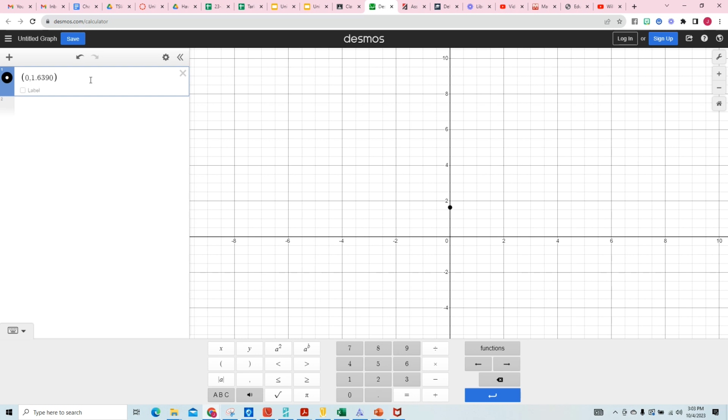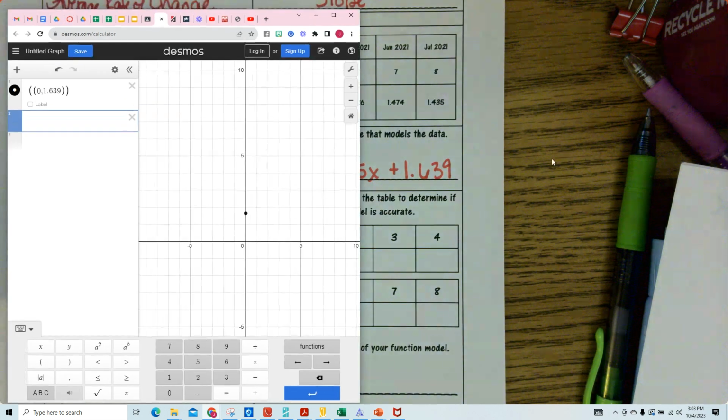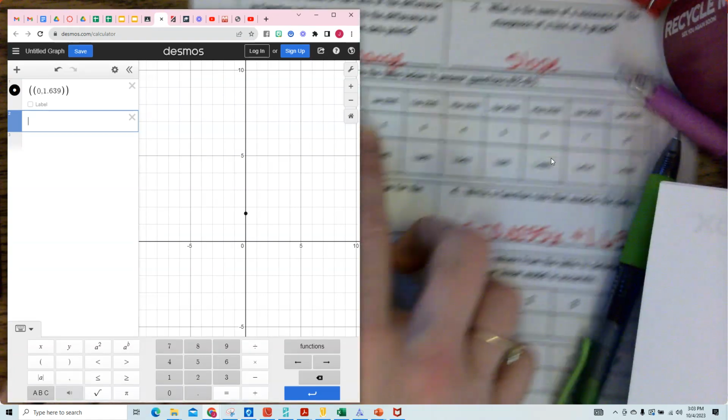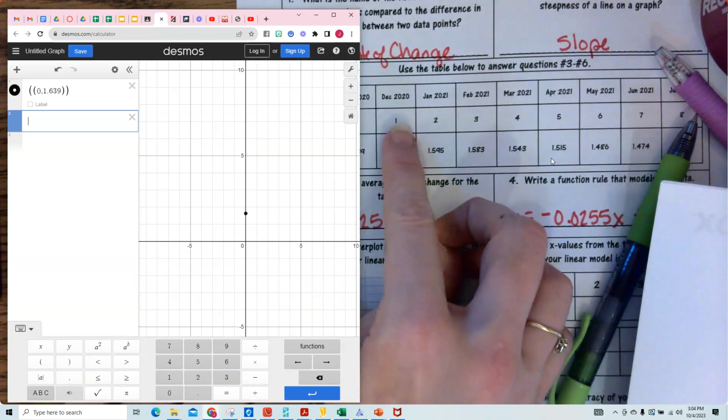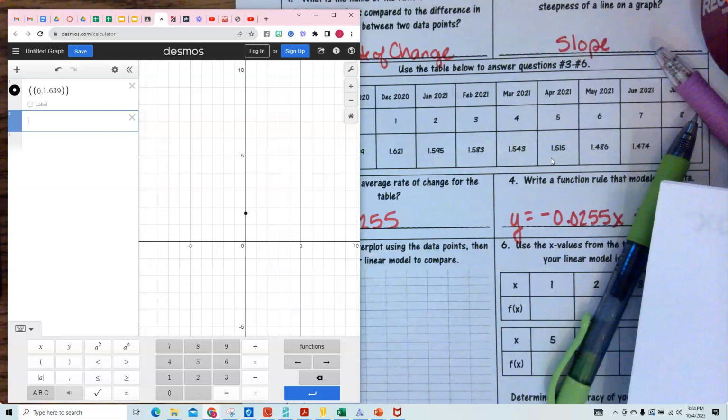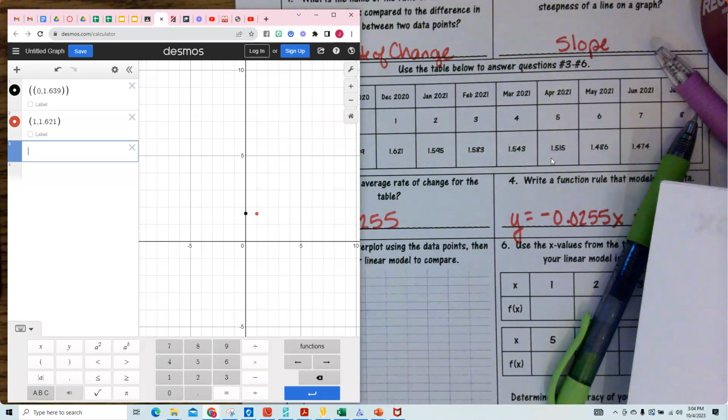And so these are just the values from the table. This table right here. So that was that first value. So this one, 1 comma, and that's all I would do is just parentheses, 1 comma, 1.621. And I can graph all of these points. Again, should have done this ahead of time so I could have just shown you.